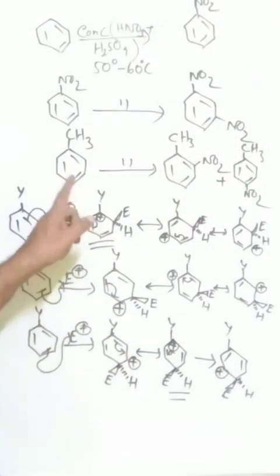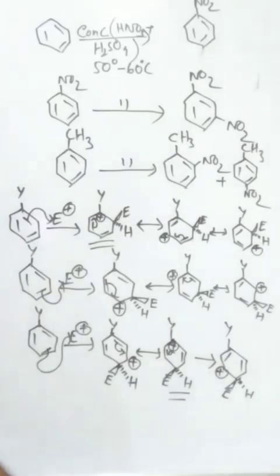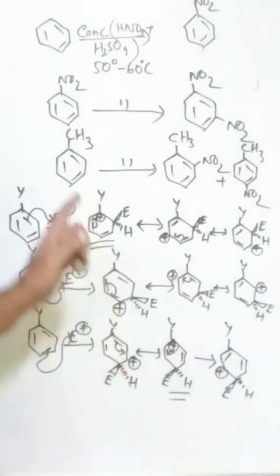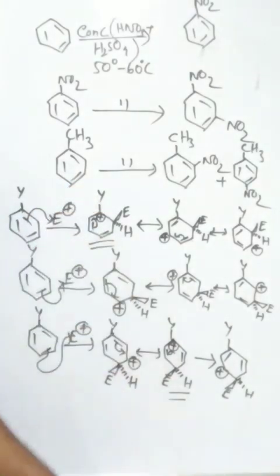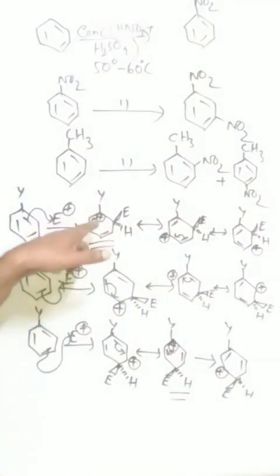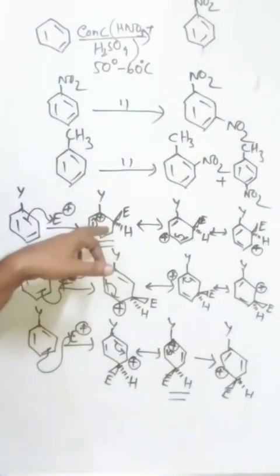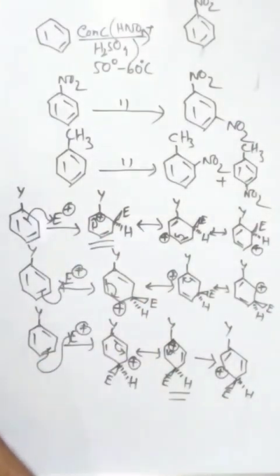Now if Y is an electron donating group, that is, if the substituent present in the benzene ring has a plus I inductive effect, then it will push the bond pair electrons towards this carbon which is carrying a positive charge. So that will reduce the positive charge on that carbon atom. That is, this factor will stabilize these two particular resonating structures.